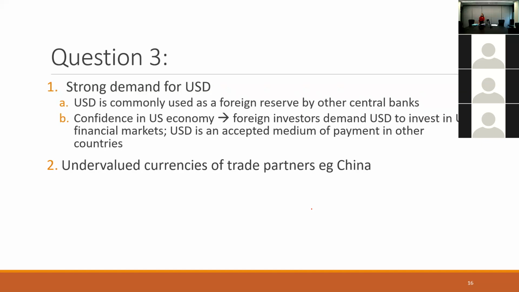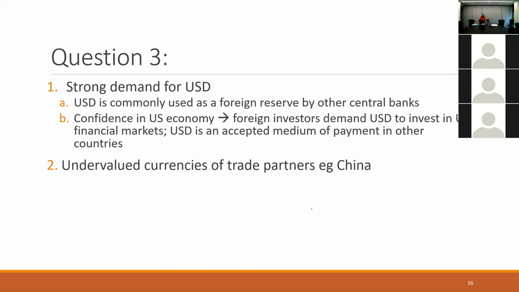One reason is that China or Japan have been the net exporters of the world, right? So they have been the net producers of the world. If they want to export more into other countries, then they have to make sure that their goods and services are competitive. One way to do that is to make sure that your prices are low, right?